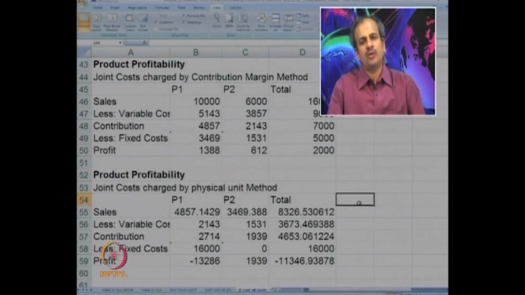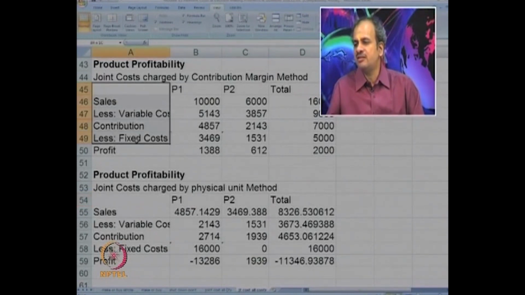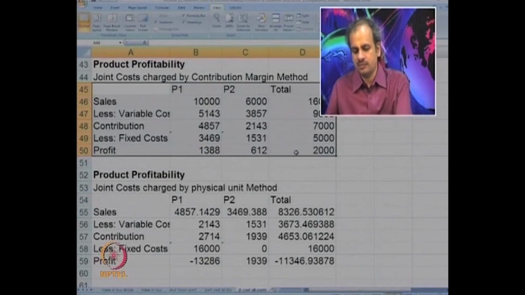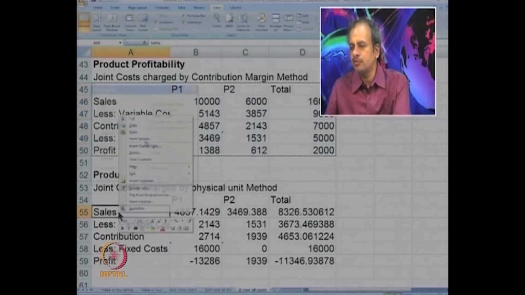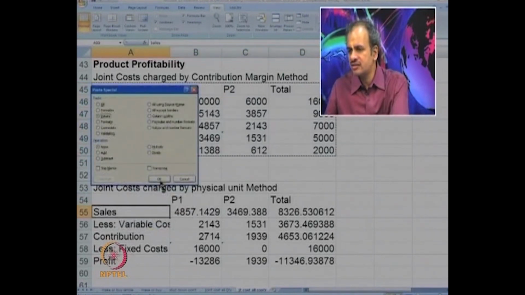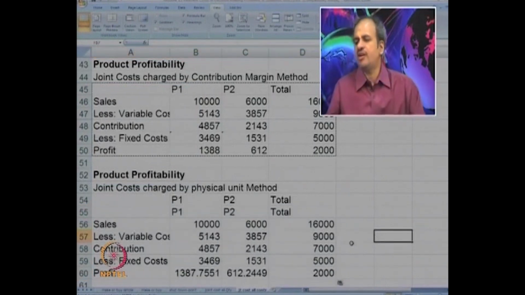Is any one of you able to work out what the answer will be if they are charged by the physical units method? I will paste the values and then we will change if required.